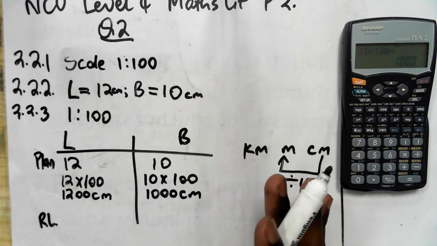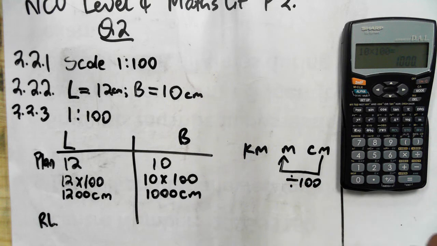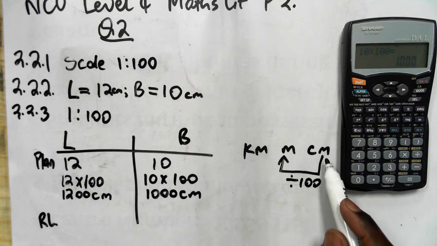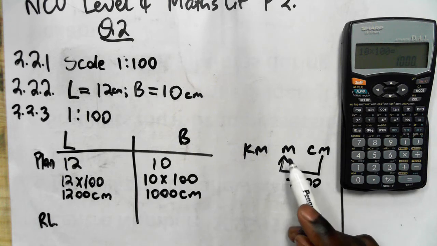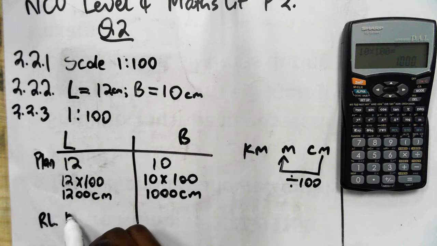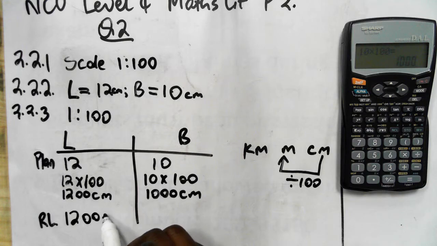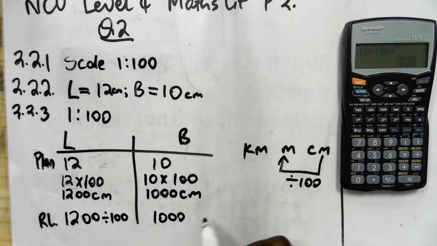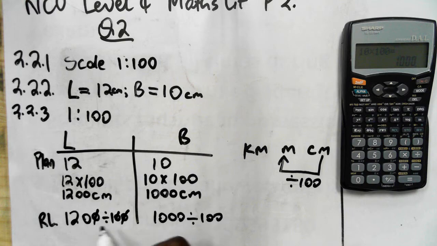But you will need to consult the textbook for that, if you need some further clarity. And just not to confuse you, I'll just tell you now, you will need to divide by 100. So respectively, take 1,200, you divide it by 100. Take 1,000, divided by 100. This goes with this, this goes with this.